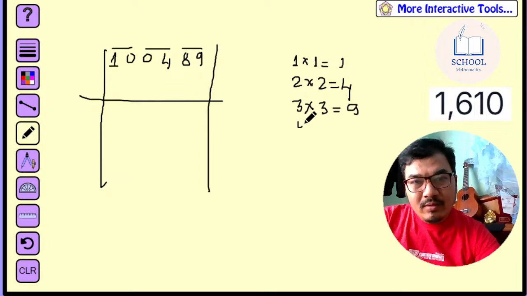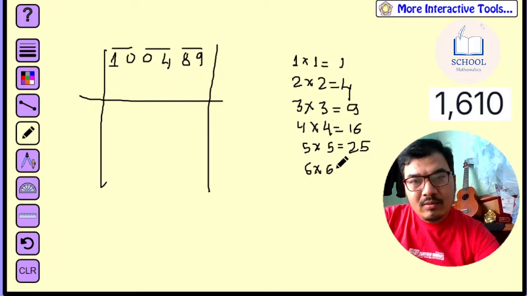And now 4 multiplied by 4, it will be 16. 5 multiplied by 5 is 25. 6 multiplied by 6, 36. Okay, and then 7 multiplied by 7 is 49.